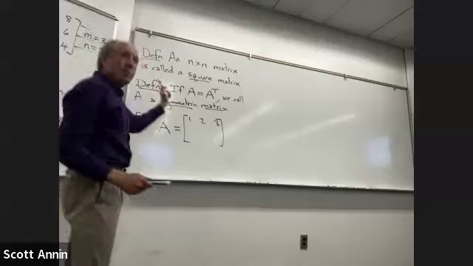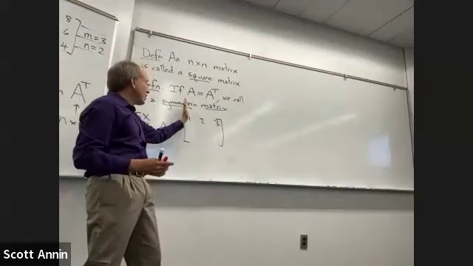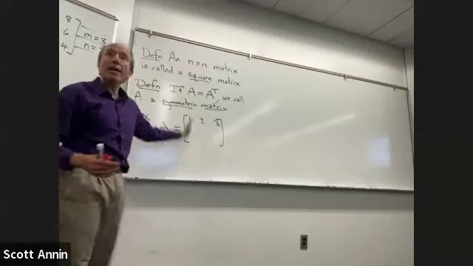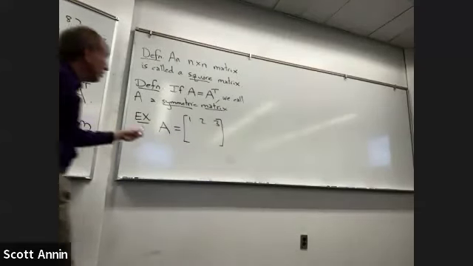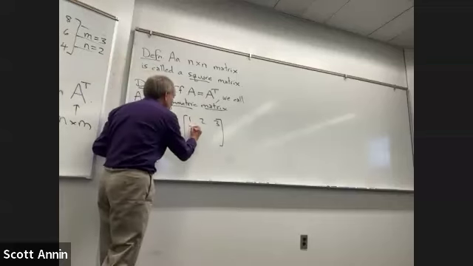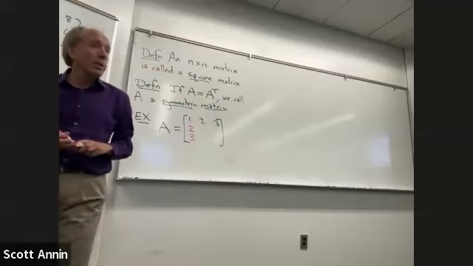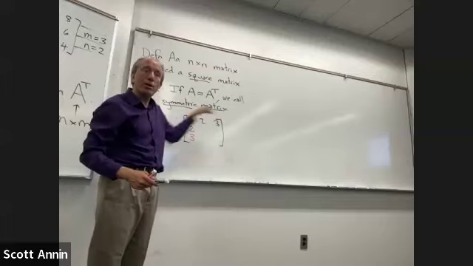If this is going to be a symmetric matrix, however, then remember that this first row will get transposed into the first column, right? So the first column of A transpose will be 1, 2, 3, which means that the first column of A has to be also 1, 2, 3, because you're trying to make them equal, you see. If I set it up this way, now the first column gets transposed to the first row.